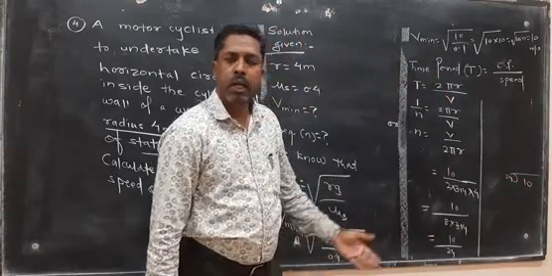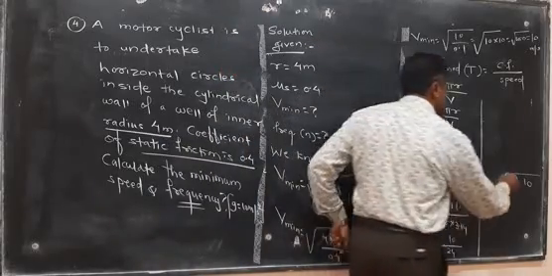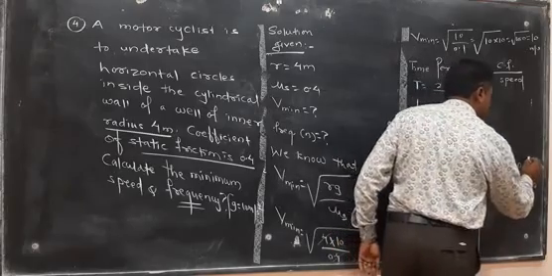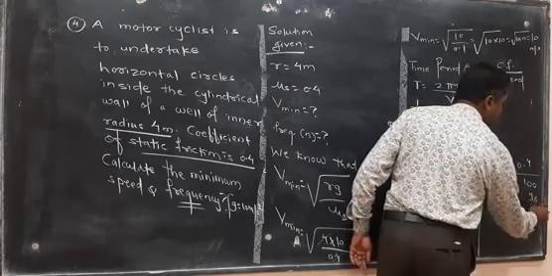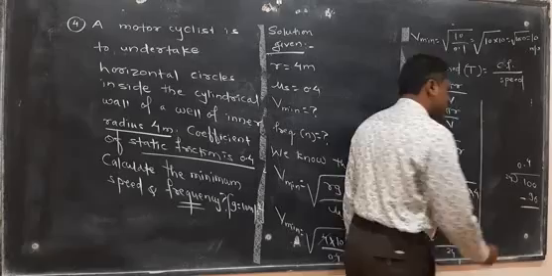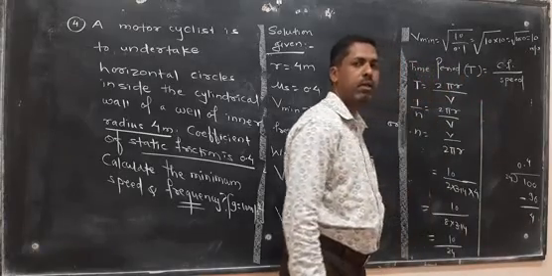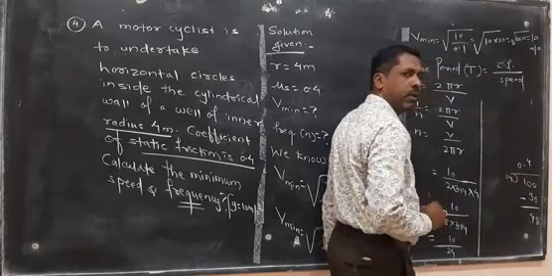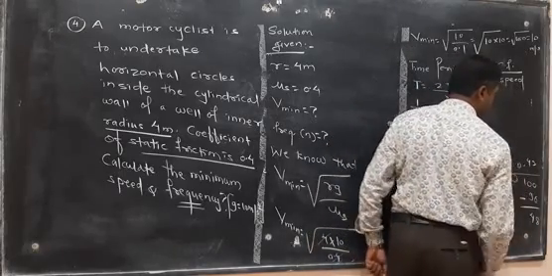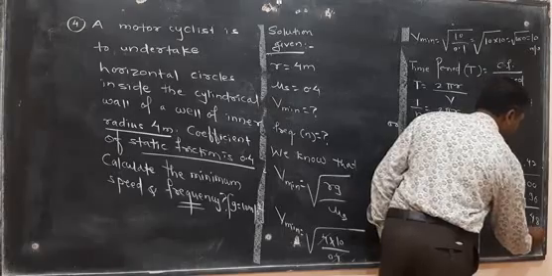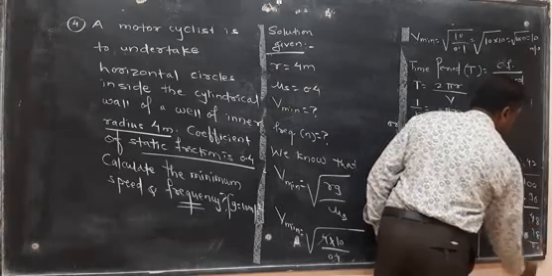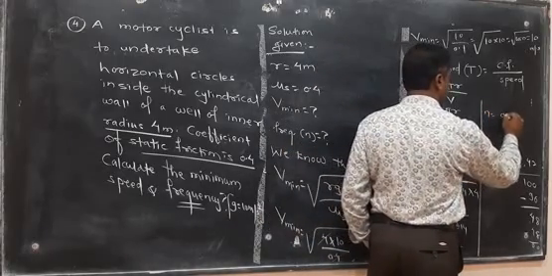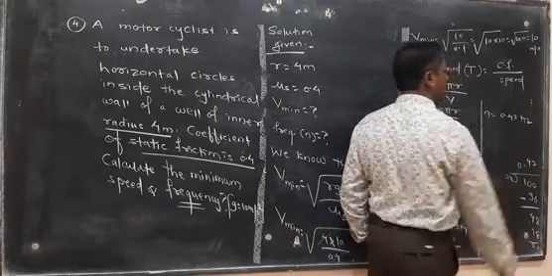Just put a decimal point, it becomes 100. 24 into 4 is 96. What remains? 4. Then what happens? 24 into 2 is 48. So the answer here: the frequency n is equal to 0.42 hertz.